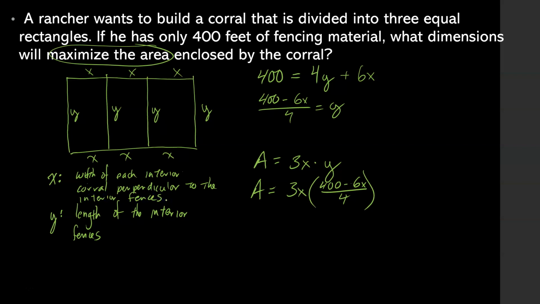Okay. I think that's what I'm going to call x. The width of each interior corral, not the whole corral, perpendicular to the interior fences. I think that's good. I said each, which I think implies 3 x's, not just 1.